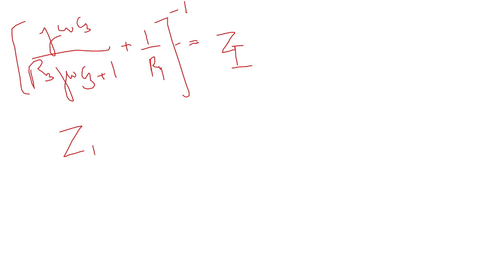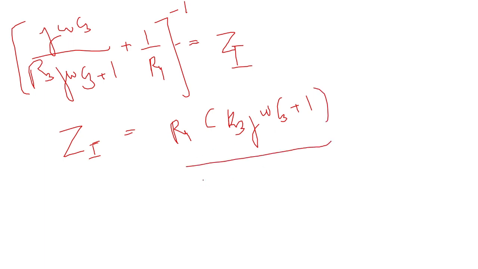So finally, I can write the impedance of the first circuit as R4 into (R3 j omega C3 plus 1) over (j omega C3 R4 plus j omega C3 R3 plus 1).